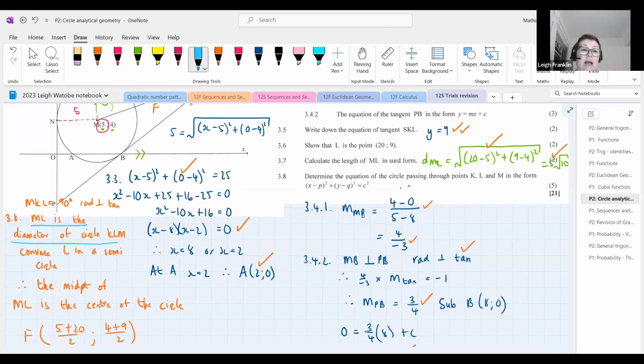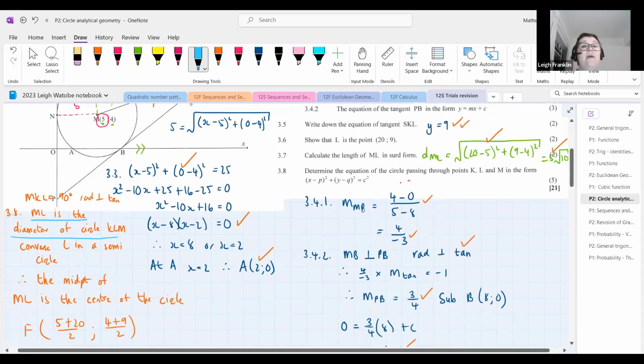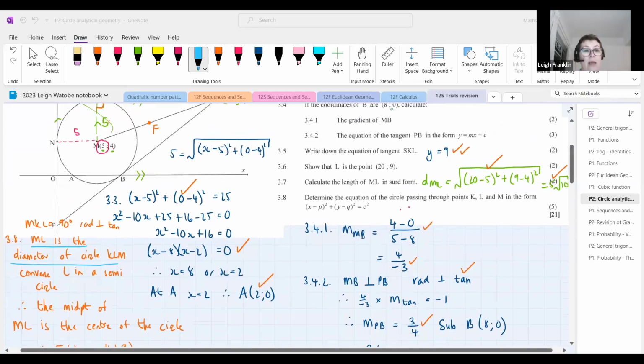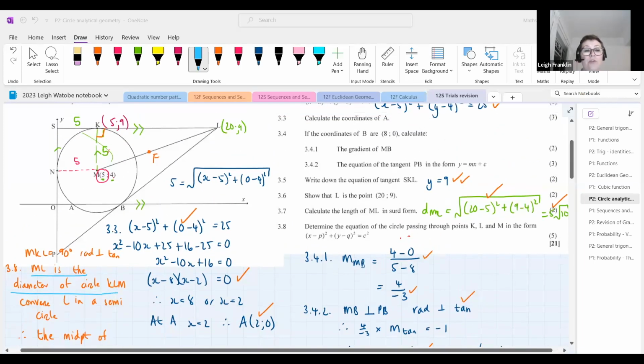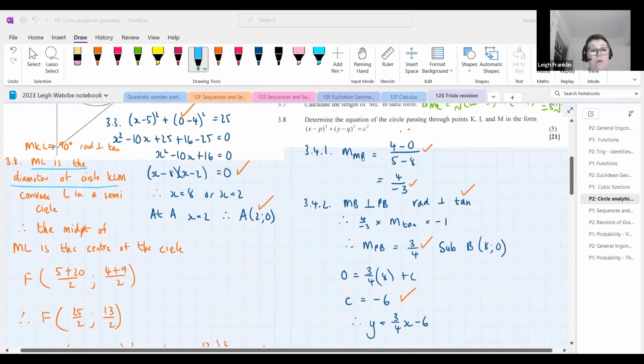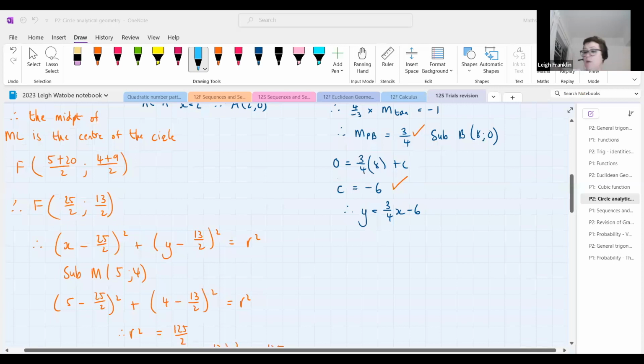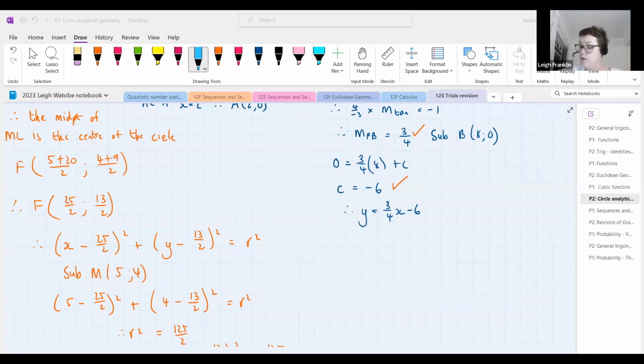If ML is the diameter, then MF and FL will be radii. So calculating the coordinates of F, we're going to use midpoint formula, and then F represents the center of our circle. And then we can sub into the equation of a circle, sub in one of the points that lies on the circle, and solve for r squared.